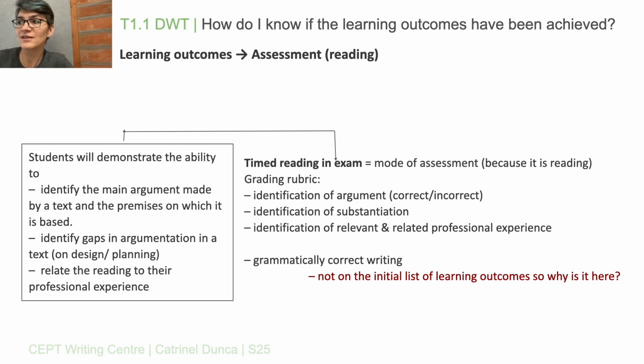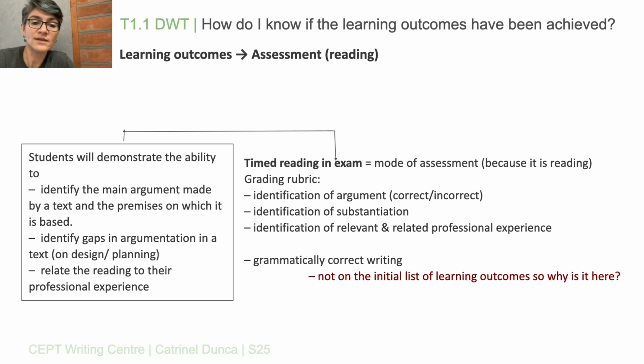I cannot be concerned with something that is not part of my focus in my learning outcomes. If I think that grammatically correct writing is essential in the demonstration of an ability to read, then I should put it on the learning outcomes from the very beginning. If not, I need to take it out of the rubric itself.